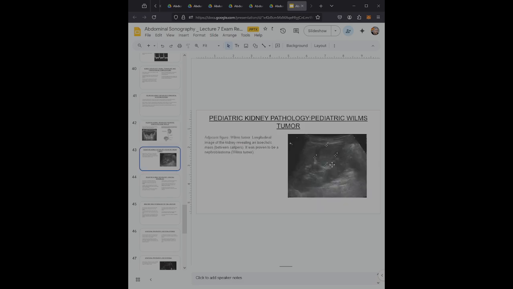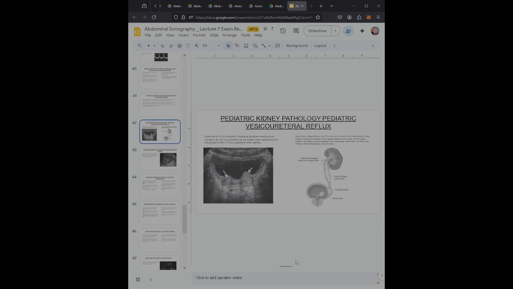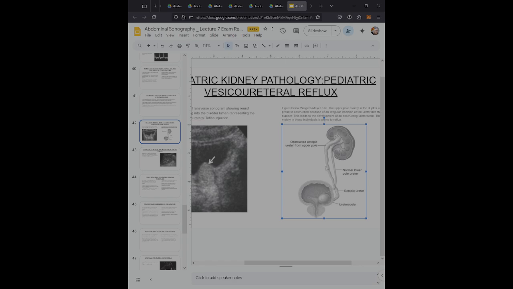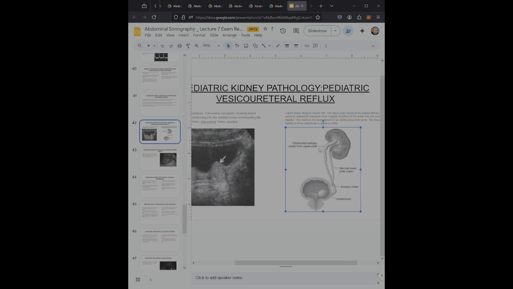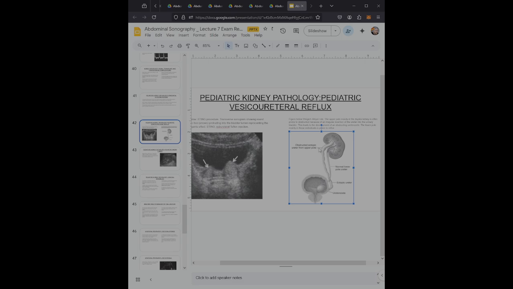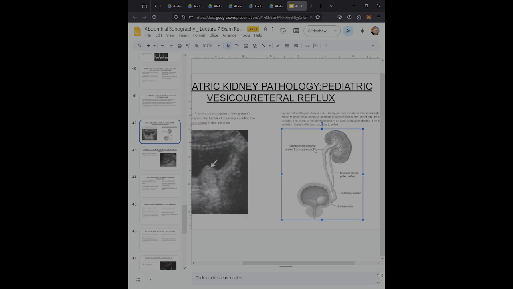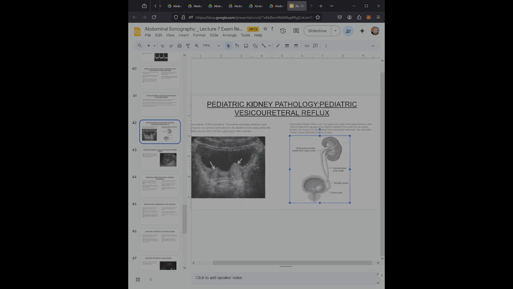And here's a good example of vesicoureteral reflux. You have a ureterocele, and you have your ectopic ureter that is dilated, and there would be some mild form of hydronephrosis seen.